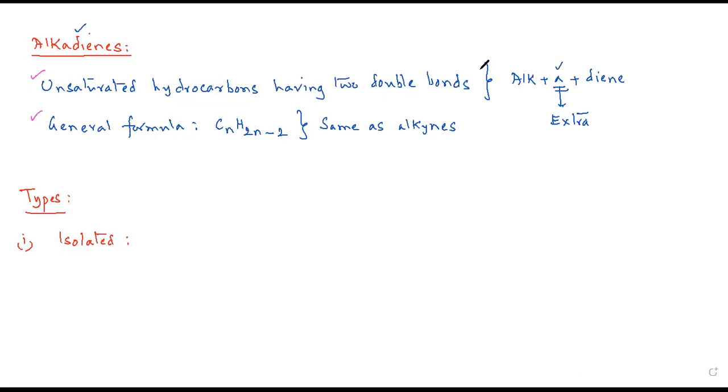See, these are the alkadienes which are separated by more than one single bond. I mean, they've got the double bonds separated by more than one sigma bond.